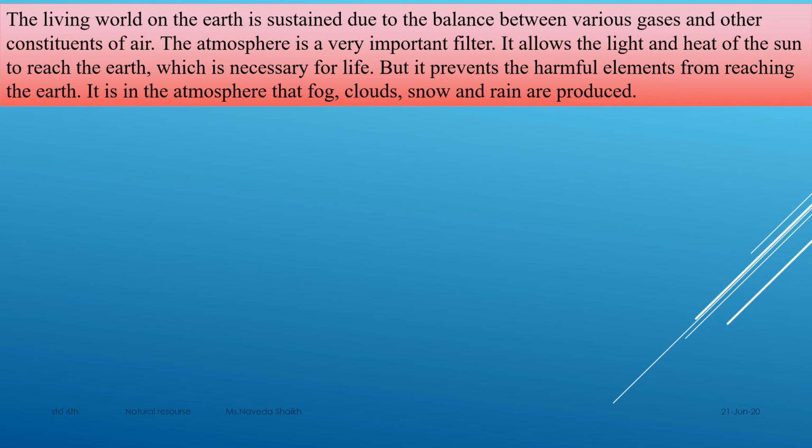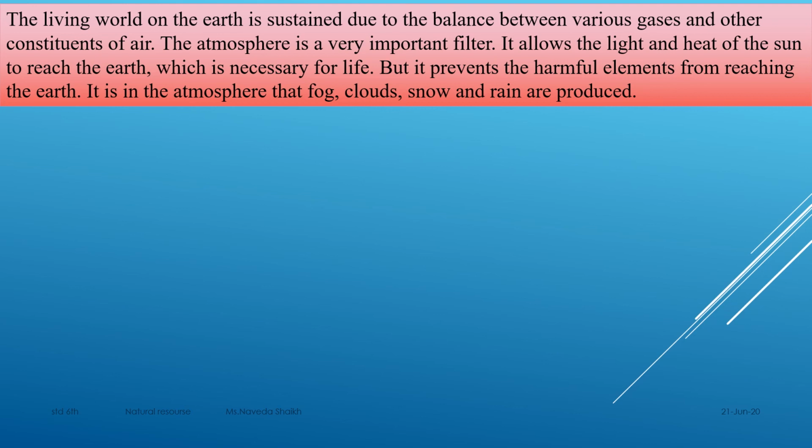It allows the light and heat of the sun to reach the earth. Remember that when the sun rays fall onto the earth, not all the rays are useful to us. There are some rays which are very harmful to us, and the atmosphere is protecting us from harm with the help of the ozone layer.